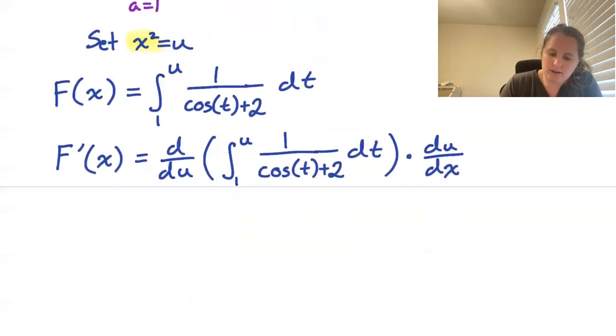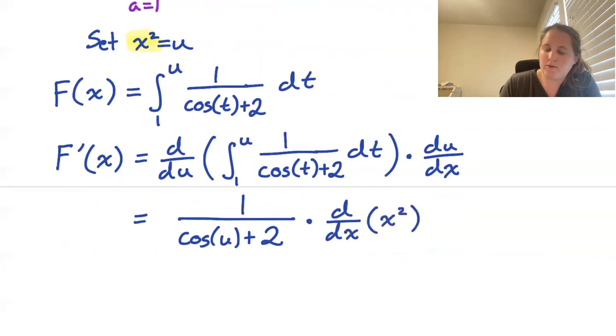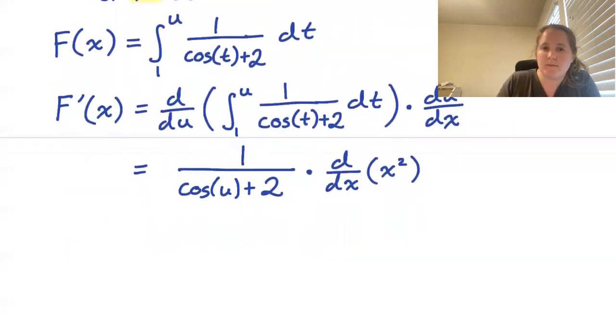So this first piece is just fundamental theorem of calculus, part 1. We just plug in u to the inside of our integral. We have 1 over cosine of u plus 2. And then we should multiply by the derivative of x squared with respect to x.